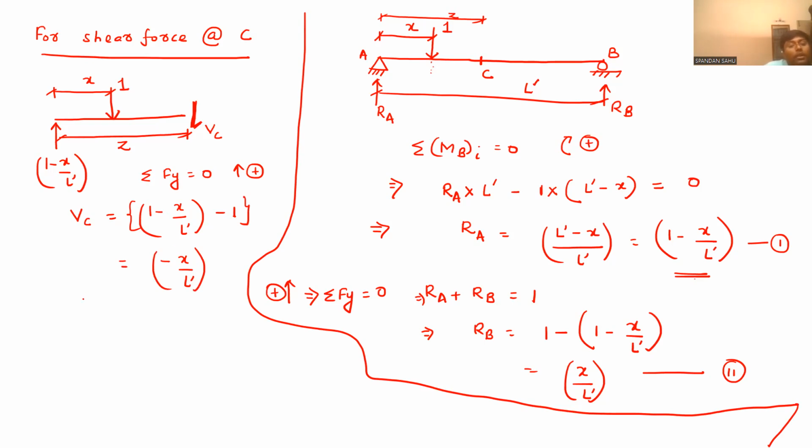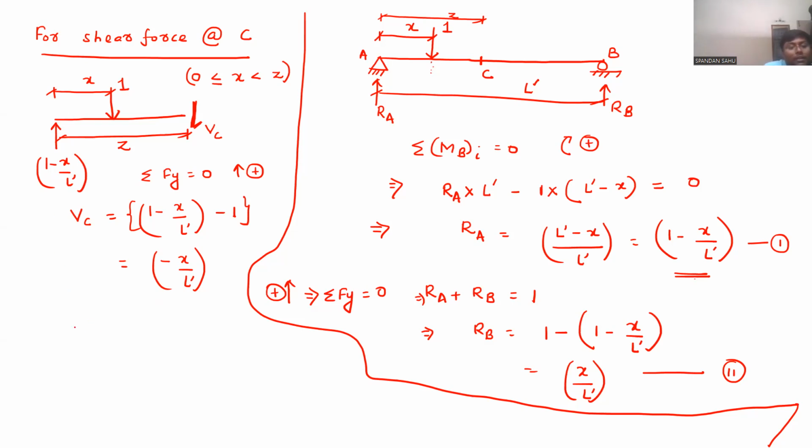And here the variation of x for this case will vary till Z. Can anyone tell if it will be less than or equal to Z, or only strictly less than Z? It will be strictly less than Z, because at a section shear force is not defined. Slightly less than that or slightly more than that, in that periphery shear force is defined. So it will be strictly less than Z.